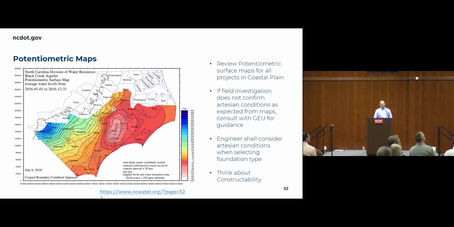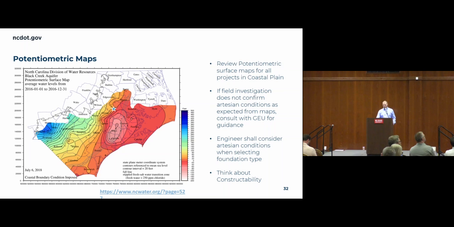And then the engineer, whenever you're designing your foundations, needs to consider how those artesian conditions are going to affect constructability and what foundation type. Maybe the head is so much that we decide it's not worth it to do drilled shafts, so we go with piles and deal with the issues with that.